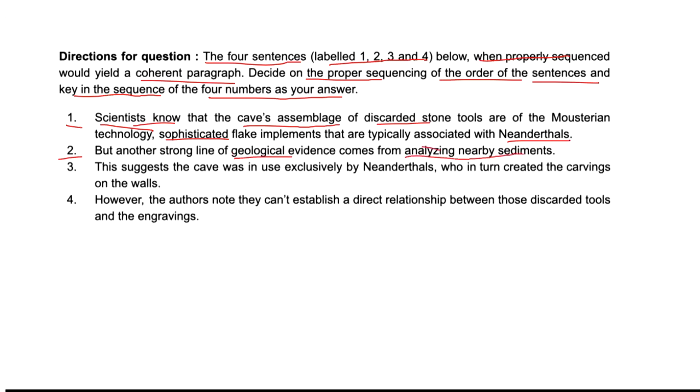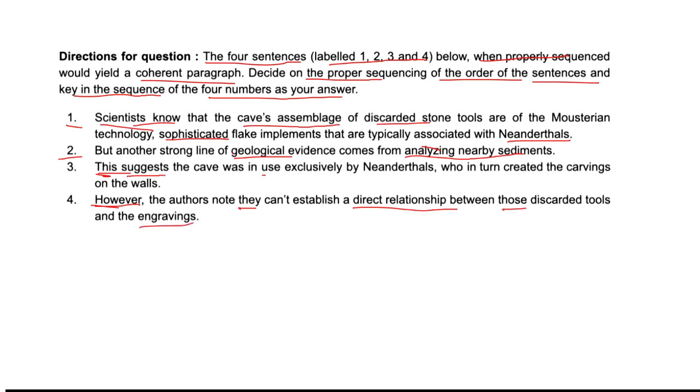Then the third option states, this suggests. Please mark it: this suggests the cave was in use exclusively by Neanderthals, who in turn created the carvings on the wall. However, it's a contrasting word. The authors note they can't establish a direct relationship between those discarded tools and the engravings.